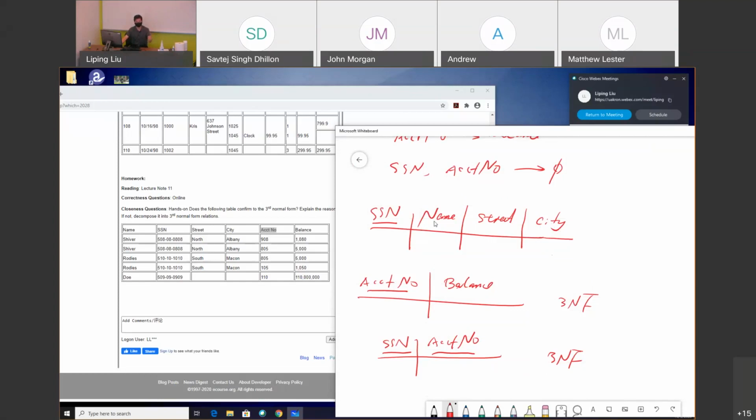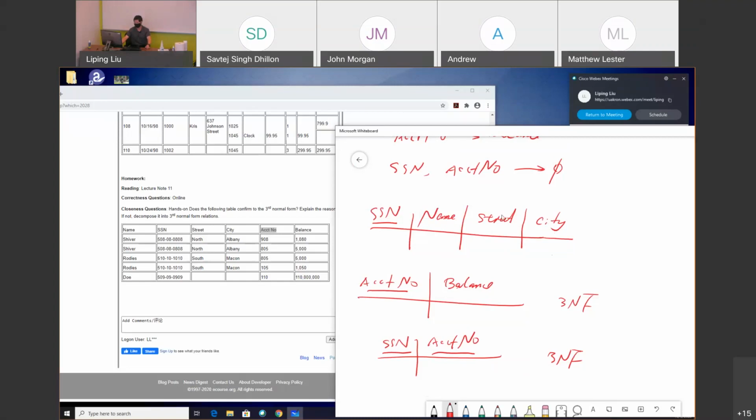There are many John Does, right? What about street? If I know the street, can I tell the city? Many cities have the same street names, right? That's not possible. If I know the city, can I tell the street? No, it's also impossible because a city has many, many streets.